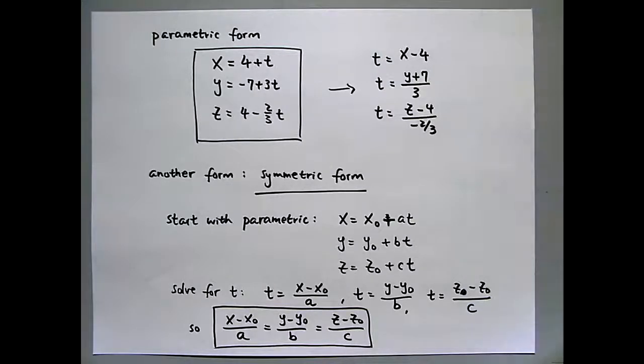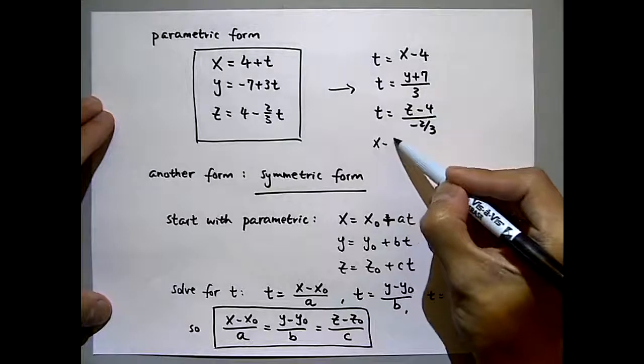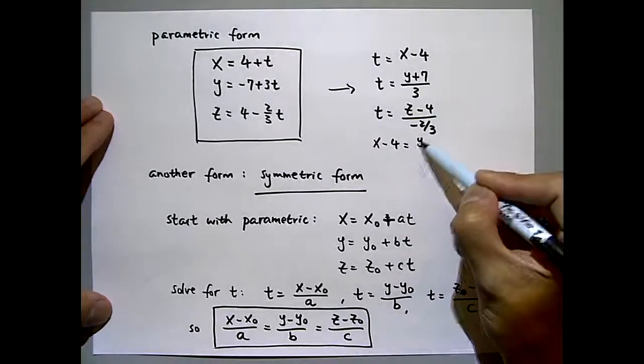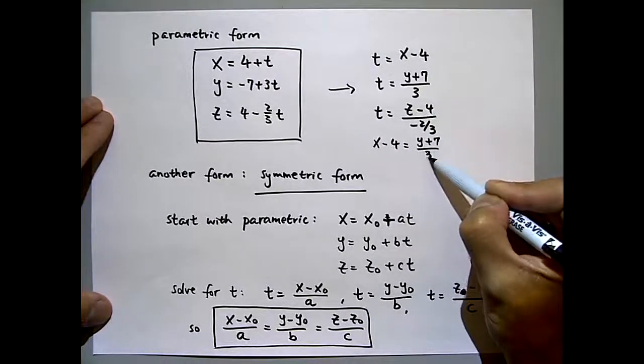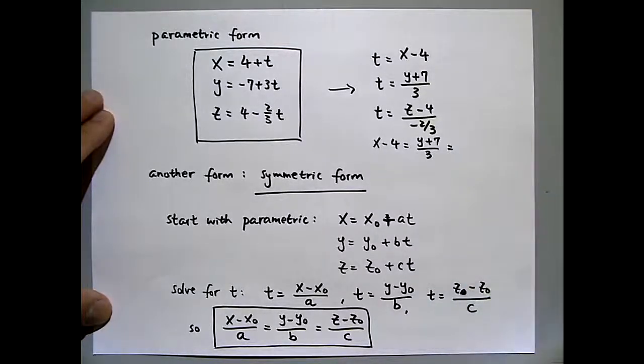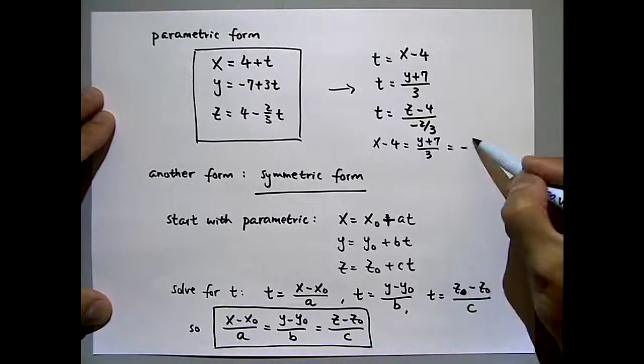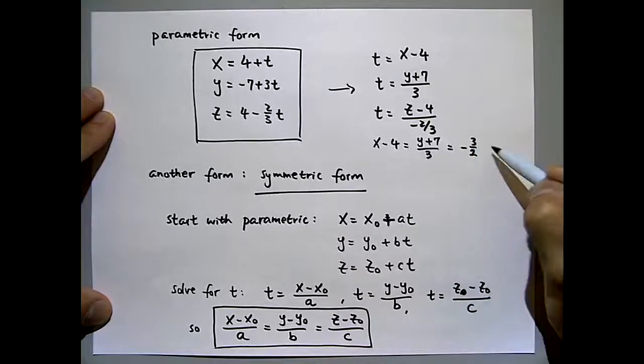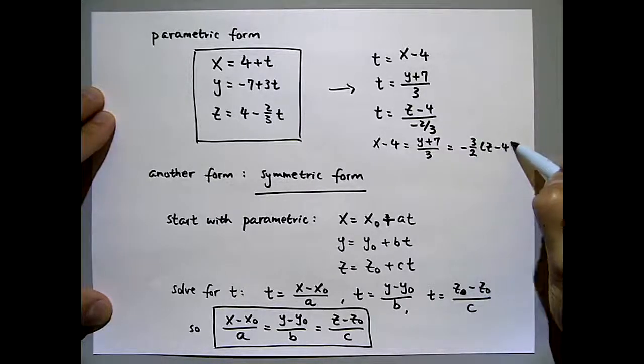So therefore, the symmetric form can be written as x minus 4 is equal to y plus 7 over 3 equal to negative 3 over 2 times z minus 4.